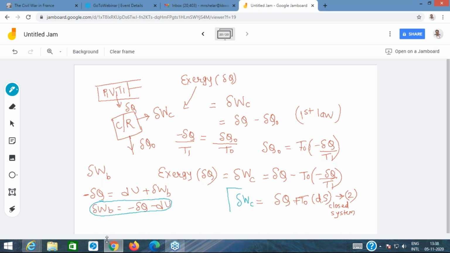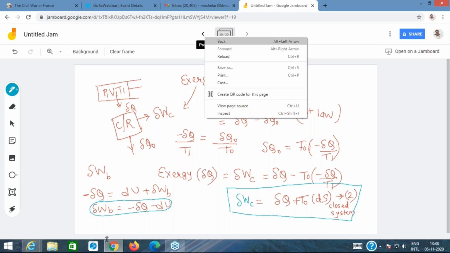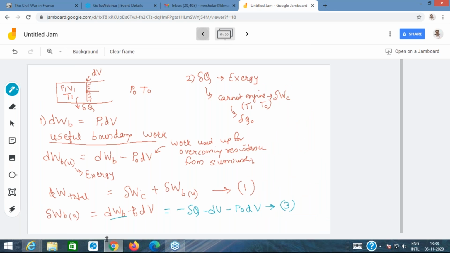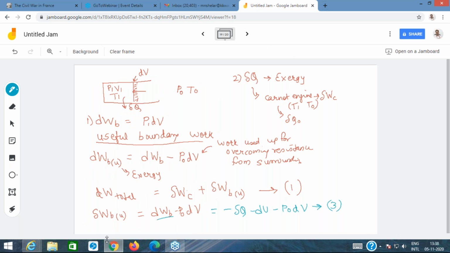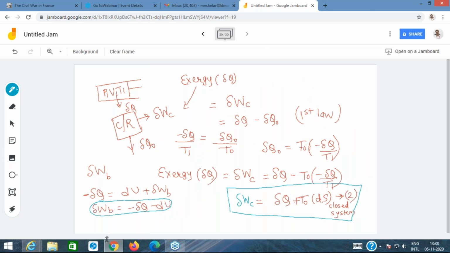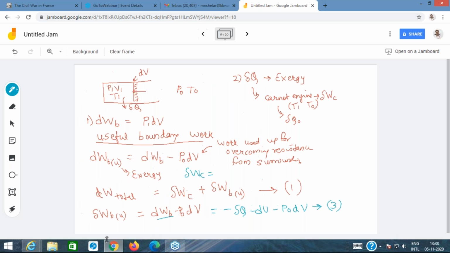Del WC is equal to del Q plus T naught ds.